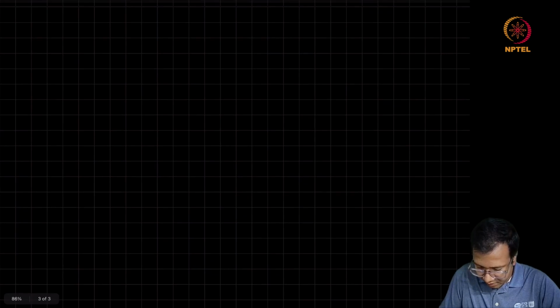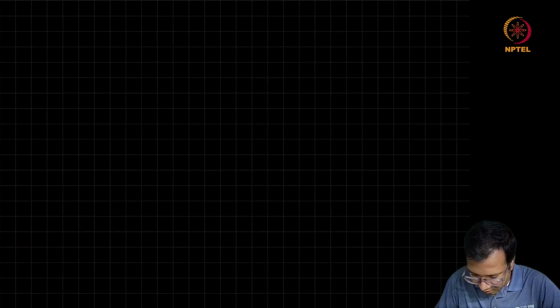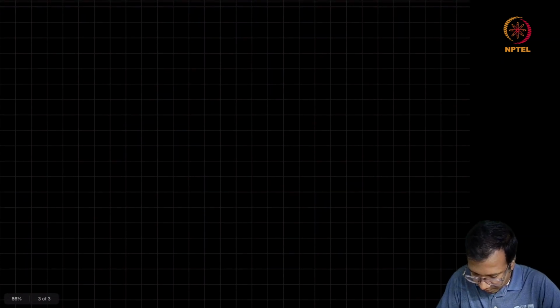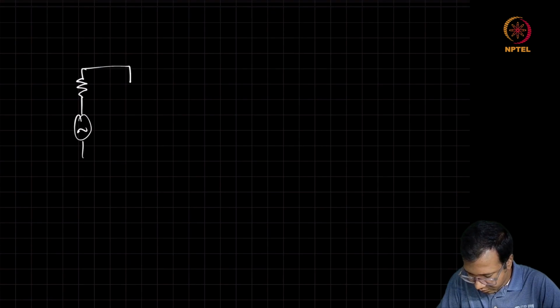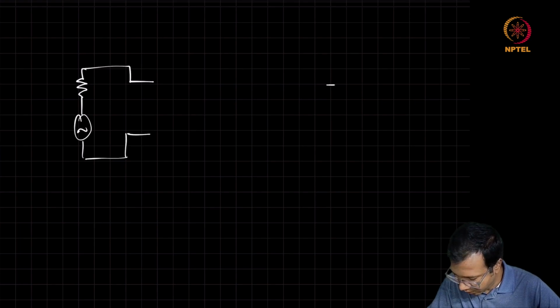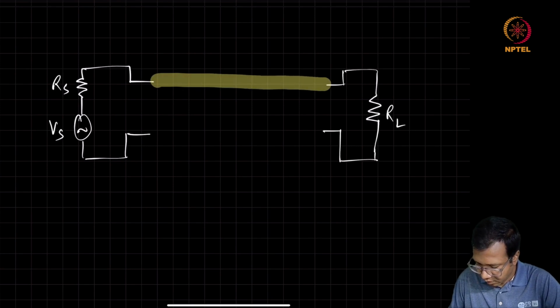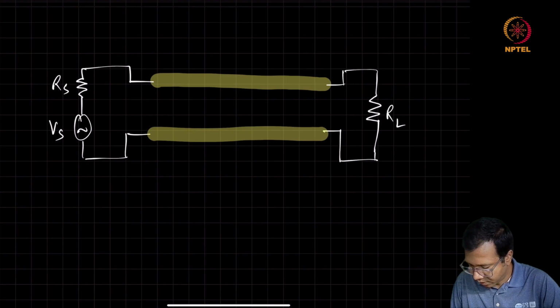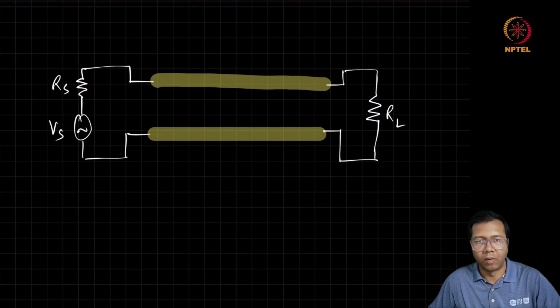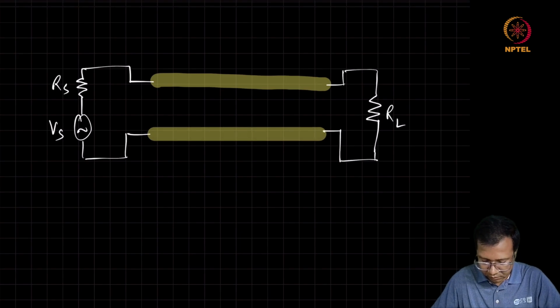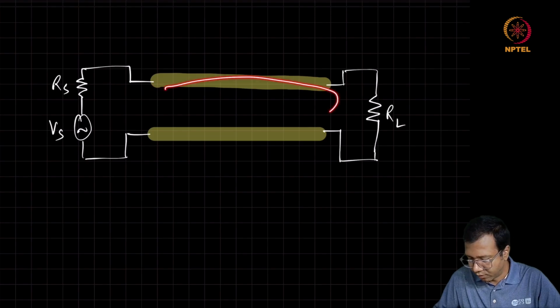Take a very simple case where you have a source which is connected to a load with the help of a simple pair of wires so as to close the loop.